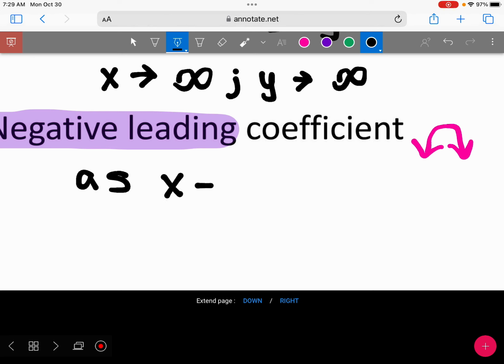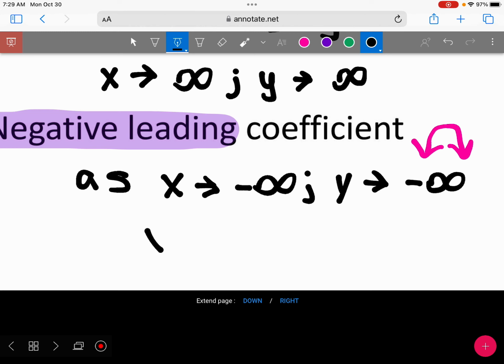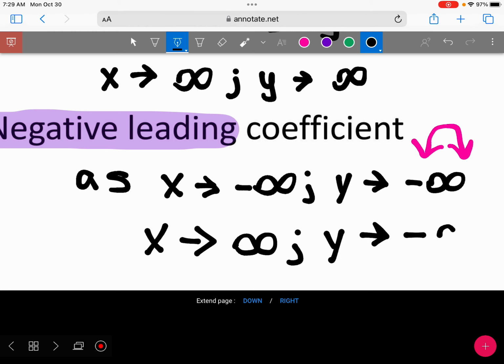As x approaches negative infinity, y approaches negative infinity, because my left arrow is going to go down. And then my right arrow is very much the same thing. As x approaches positive infinity, my y approaches negative infinity, because that one is also pointing down.